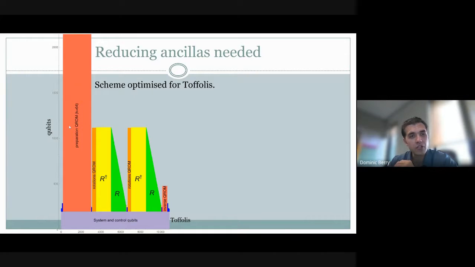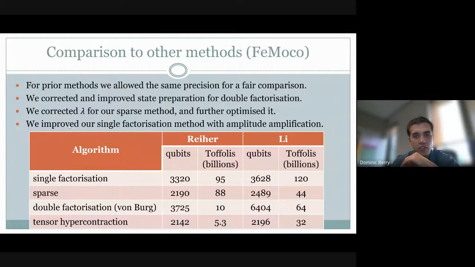With that advanced QROM, you have a choice of how you divide things between the high and low sets of qubits. If you choose it to optimally minimize the number of Toffolis, it needs quite a large number of qubits. So those are the qubit counts shown in this table for minimizing the number of Toffolis. But if you want to use smaller numbers of qubits, you can change the parameters there and dramatically reduce the number of qubits at a moderate increase in the number of Toffolis.